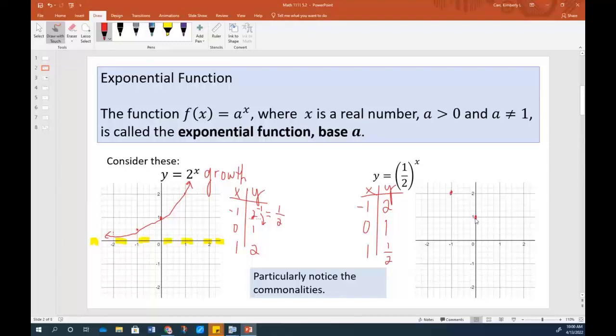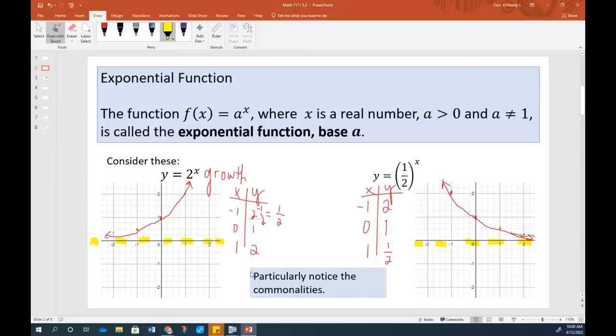At 0, we have 1. And at 1, we have 1/2. So what you can see is actually this one is headed this other direction, and it really should have hit right there. I just have trouble doing that online. And so again, that x-axis is going to be a horizontal asymptote.